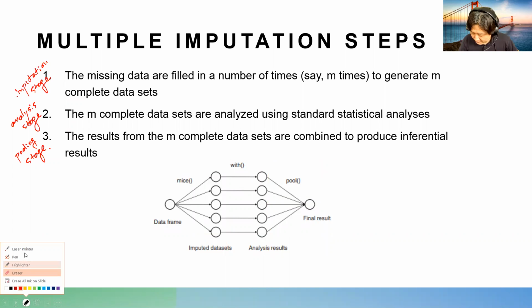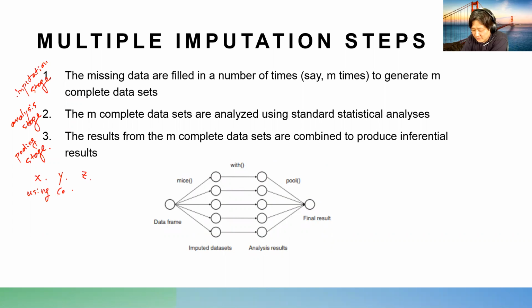Let's say we have X, Y, and Z, 3 variables, and we have some missing values for X, Y, and Z. In the first step, we use only the complete cases of X, Y, Z, and then we predict X equals Y plus Z plus some error.